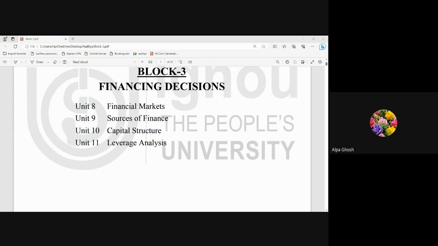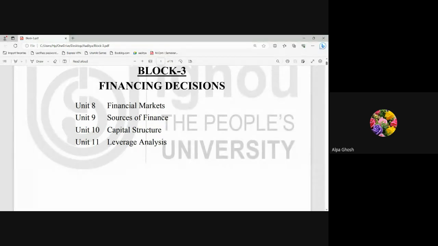We don't have a physical existence of the financial market. It is only in the provisions, only in the concept. So when we talk about financial markets, it is a place where the exchange of goods and products is financial in nature. The involvement of funds is an important component of the financial market.